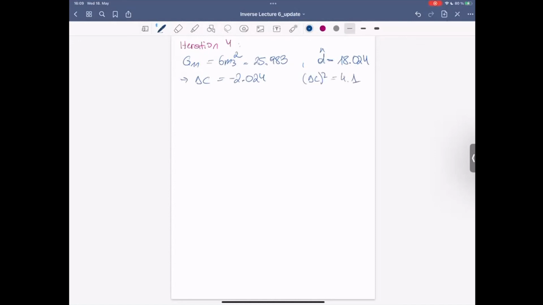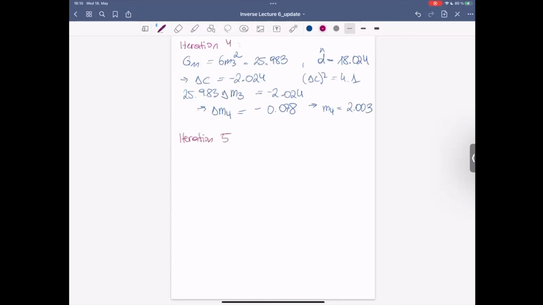Now solving again for delta M4, the same as before. And we will see that we get again closer to our solution. So delta M4 equals minus 0.078 and M4 then equals 2.003. Not much left.